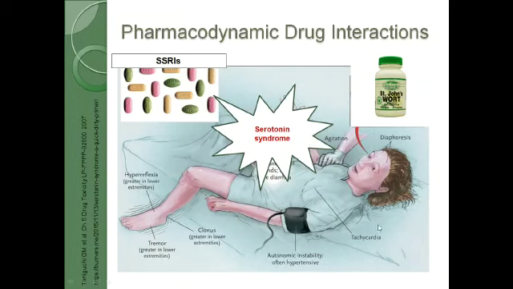So the patient with serotonin syndrome will have diaphoresis and agitation, tachycardia, and most often hypertension, clonus, hyperreflexia, and tremor.